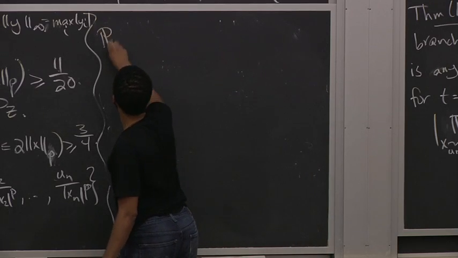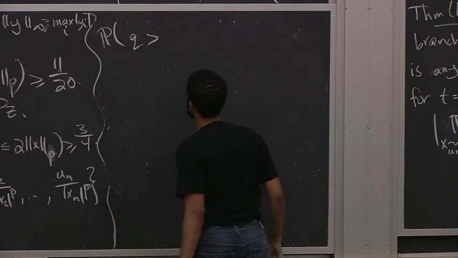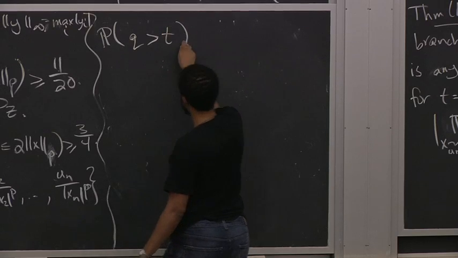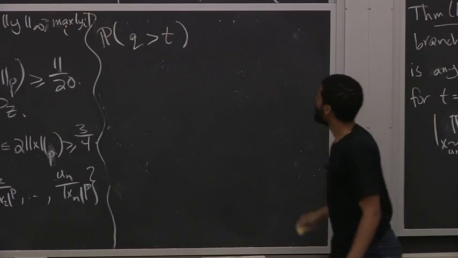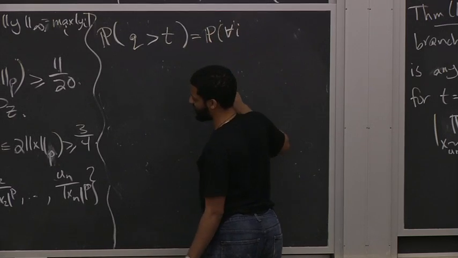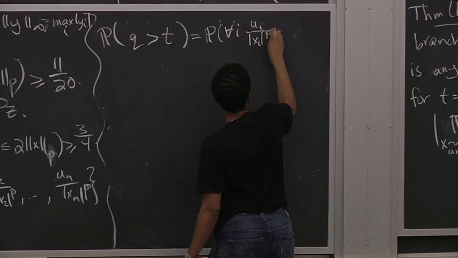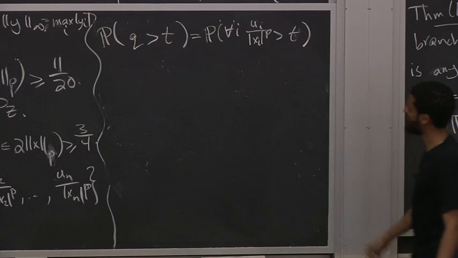The probability that Q is bigger than some value t is the probability that for all i, ui over xi to the p is bigger than t, right?